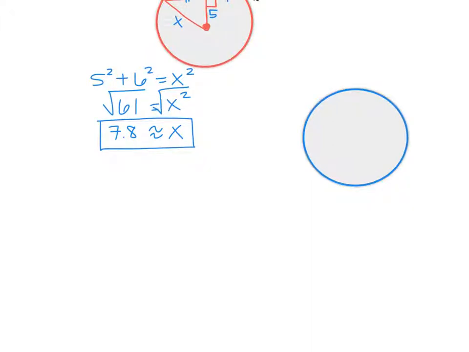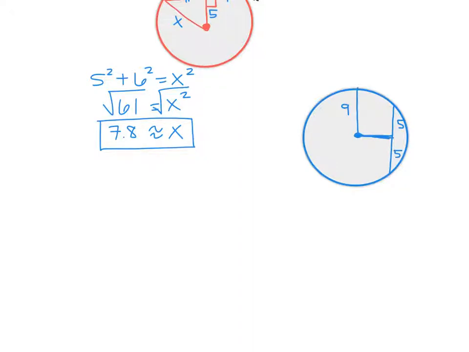We know this is the center of the circle, even though it doesn't look like it, sorry. Okay, so in this picture, we have 5 for our chord.